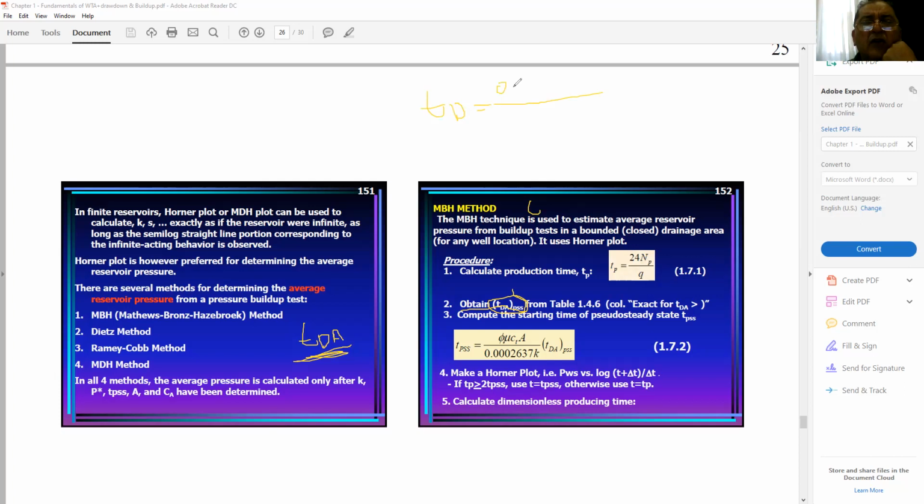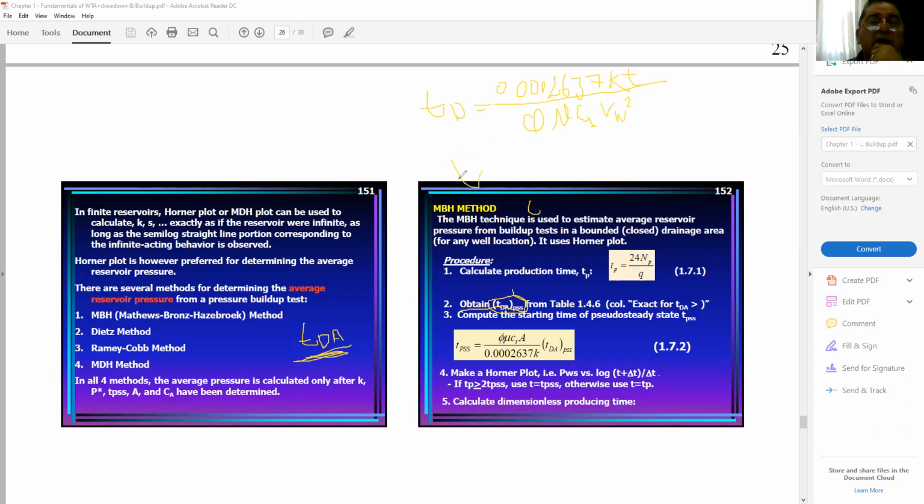The definition of TD, dimensionless time, is 0.0002637 k, permeability, times t, divided by phi mu ct rw squared. This is TD.